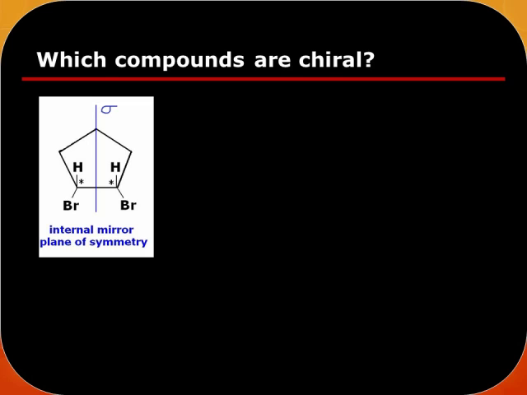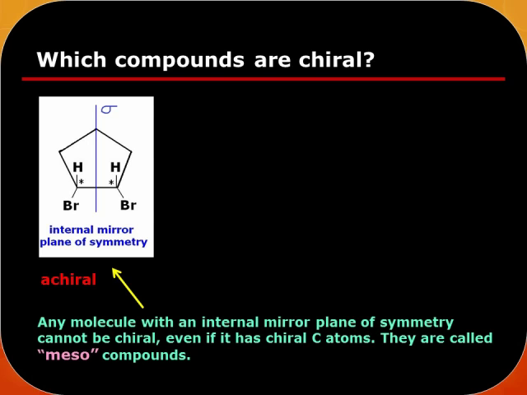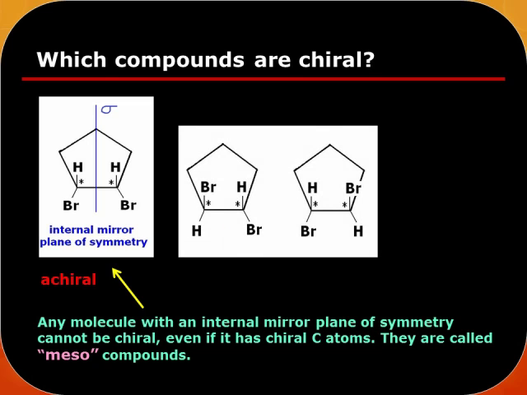Even though it has 2 chiral carbons, because it has an internal mirror plane of symmetry, it will not have any chirality. So it is considered an achiral compound. Right. Any molecule with an internal mirror plane of symmetry cannot be chiral even if it has chiral carbon atoms. They are called meso compounds.